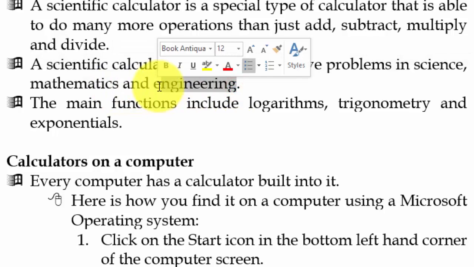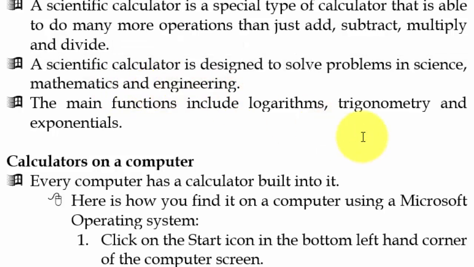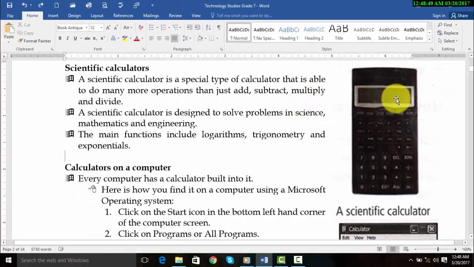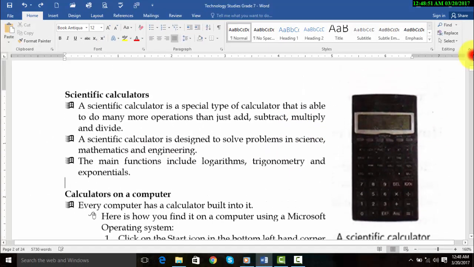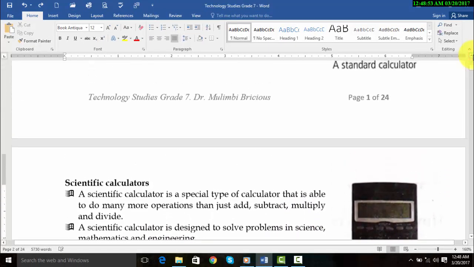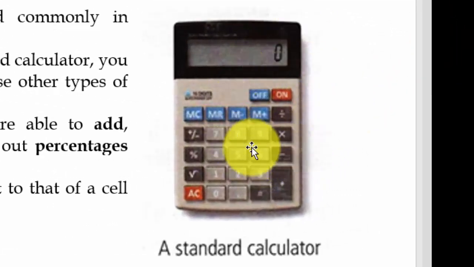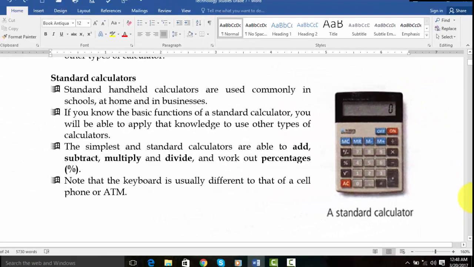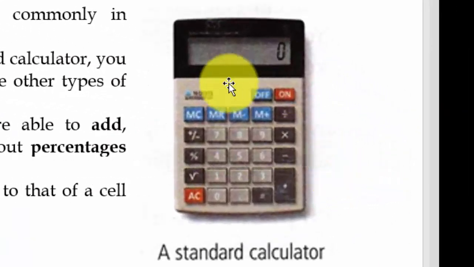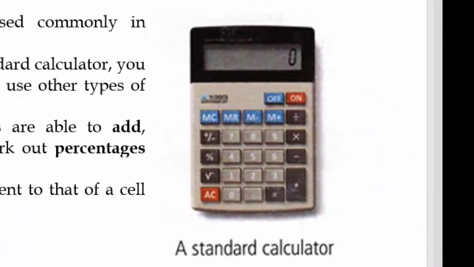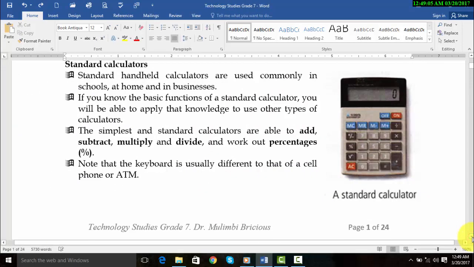So now, in this case, children, a standard calculator, the one we were discussing there, cannot be used in mathematics, cannot be used in science. It cannot be used because the functions which are here are only maybe 5, which is addition, subtraction, multiplication, division, and the percentage.